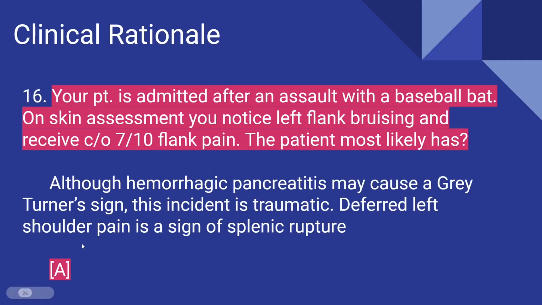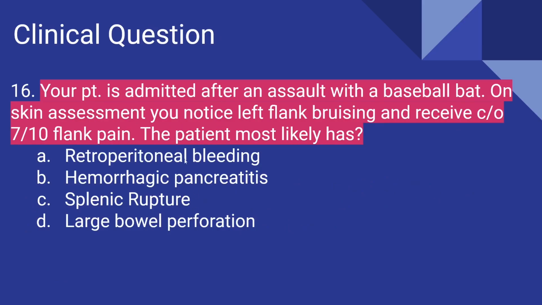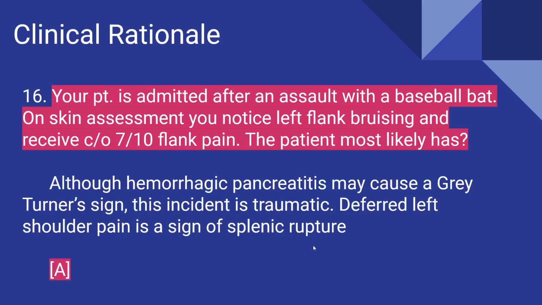So in this case, you would either probe further to see if they are having left shoulder deferred pain, and probably just say it's retroperitoneal bleeding because you only see bleeding on that left flank.